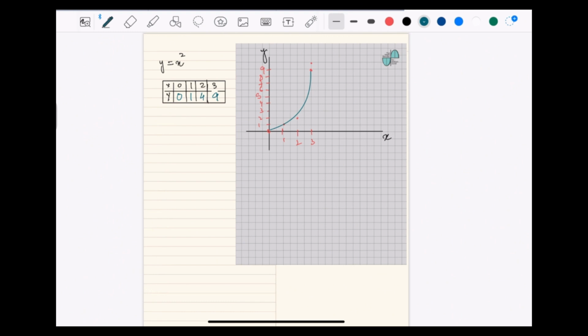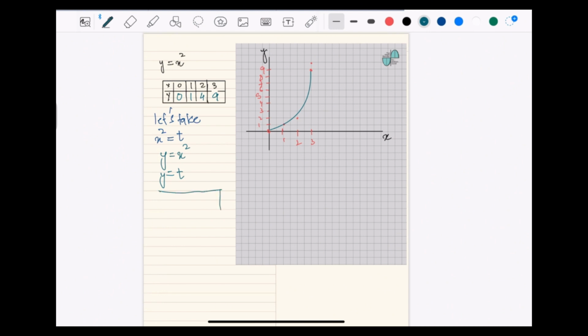Now if I need to look at another perspective of it, let's take x squared equals t, and I can write the same equation, which was initially y equals x squared, as y equals t.